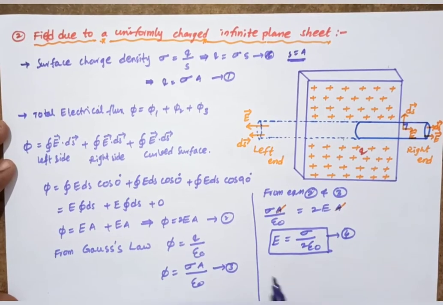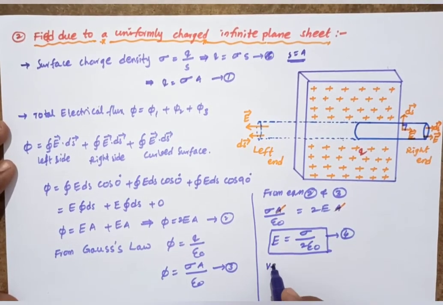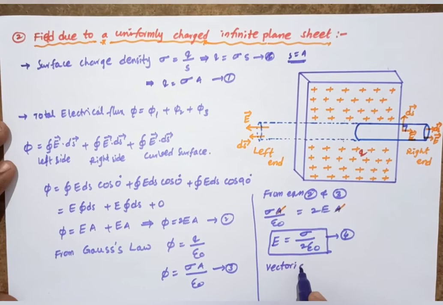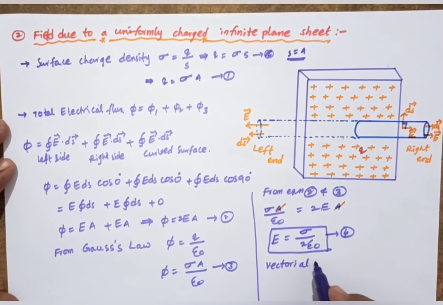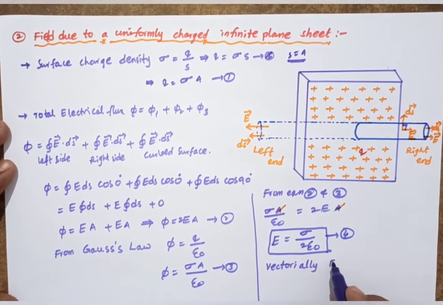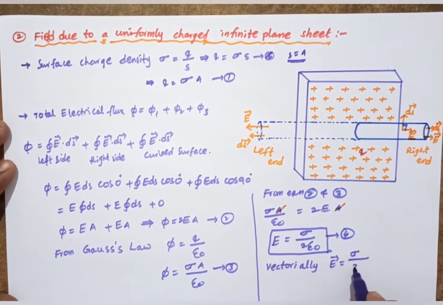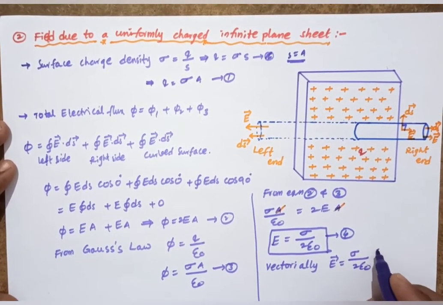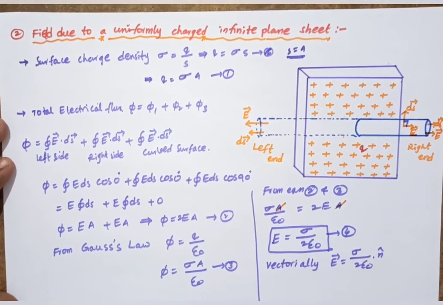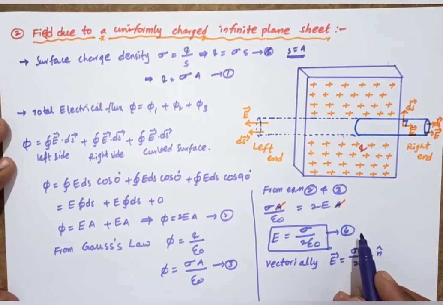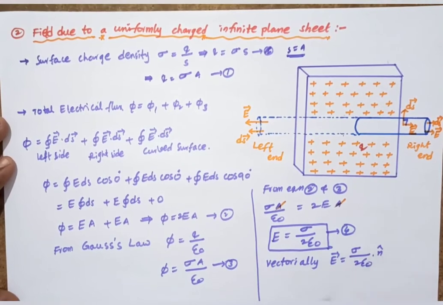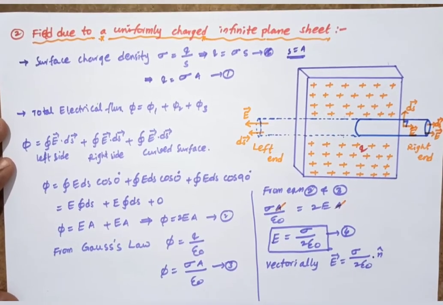Now vectorially it is written as E bar equals sigma by 2 epsilon naught into n cap. n cap is a unit vector, so we know that it is a unit vector.